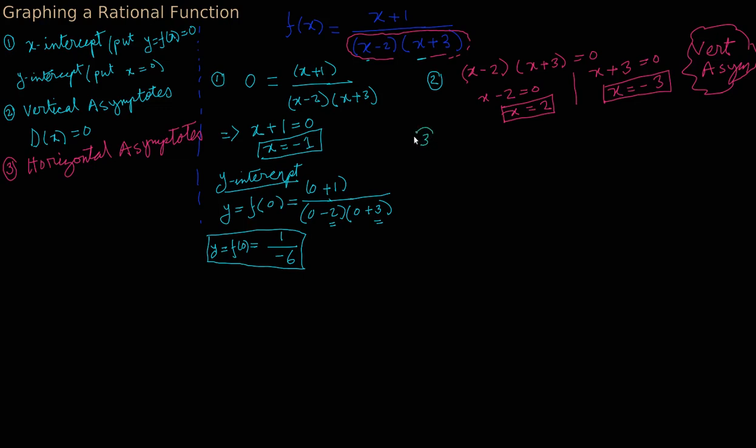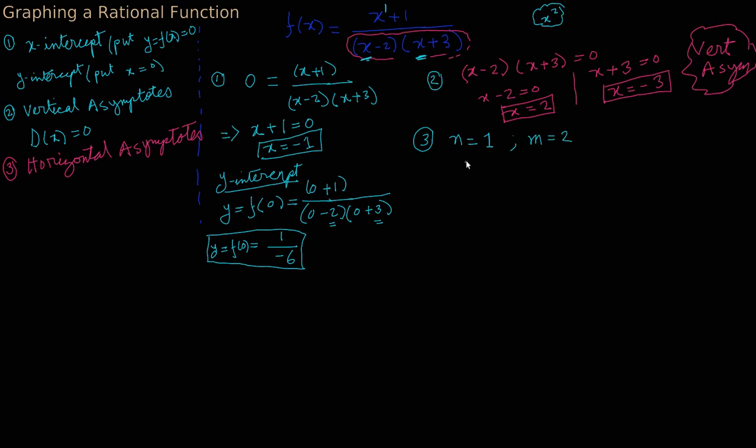In this case, what is the highest power of my numerator? It is 1, so my n is equal to 1. Now let us see my m. Look at my denominator: I have x multiplied by another x here, so I am going to get x squared. So the highest power of my denominator is 2, so my m is equal to 2.